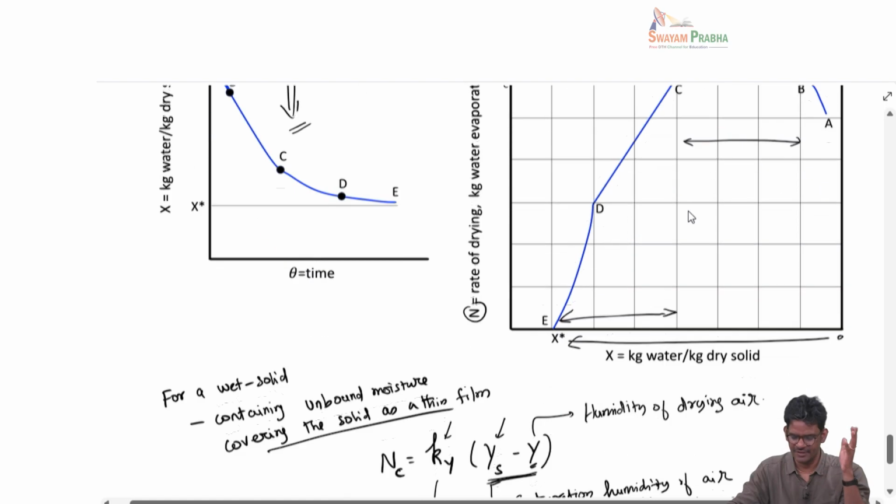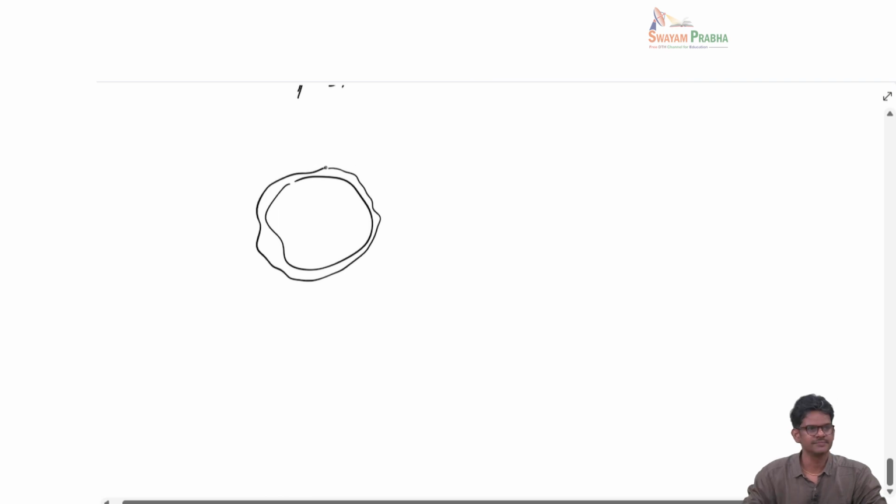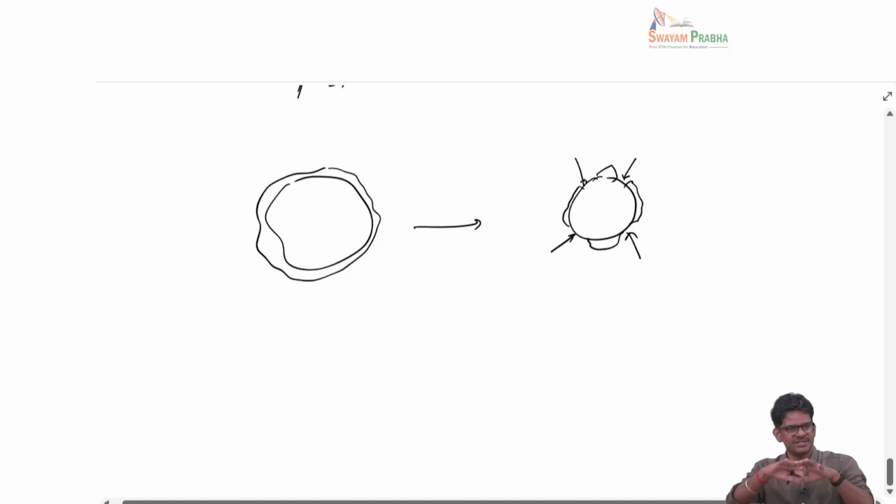If I have to draw pictorially, let us say you start with some sort of solid containing a thin film of moisture, okay, and this dries, and then at some point of time you will see some sort of hole formation, dry spots are formed. So, this is a dry spot here, these are all dry spots, because at some point of time water is leaving, so it will expose the dry surface.